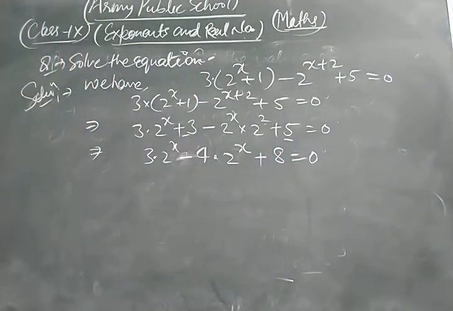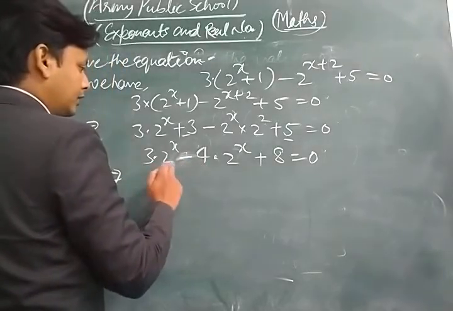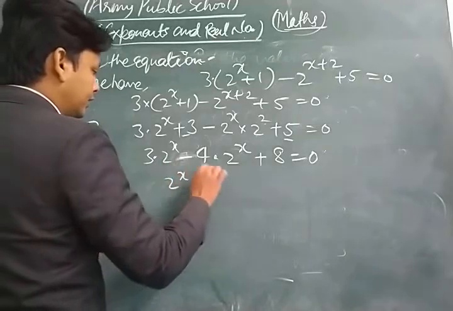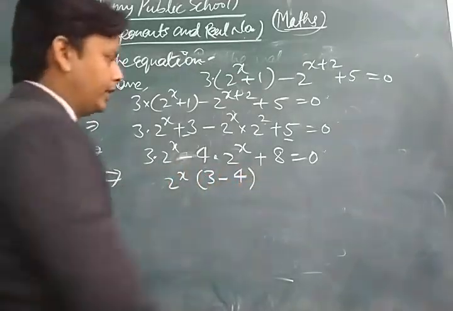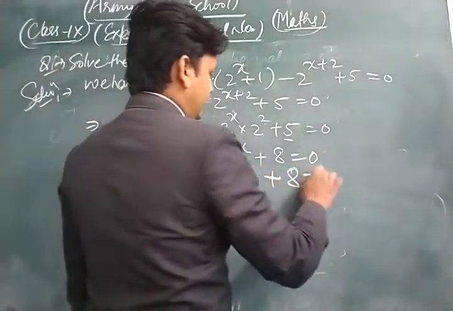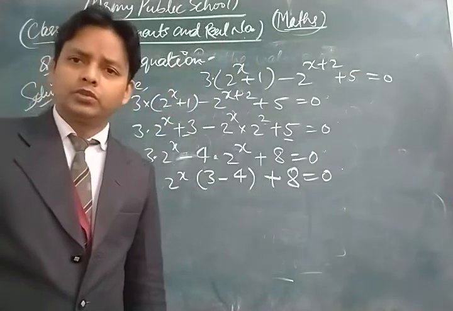Now from these two terms we take 2 power x as common, so we get 3 minus 4 left here, plus 8 is equal to 0.